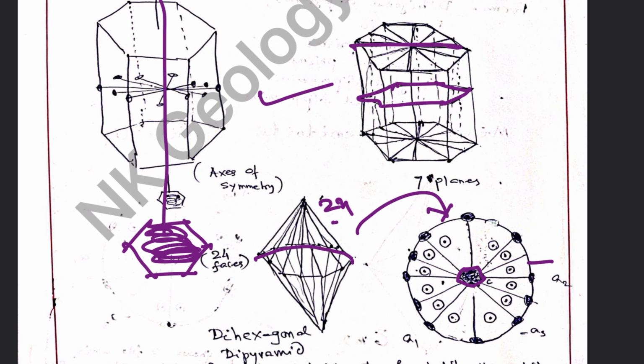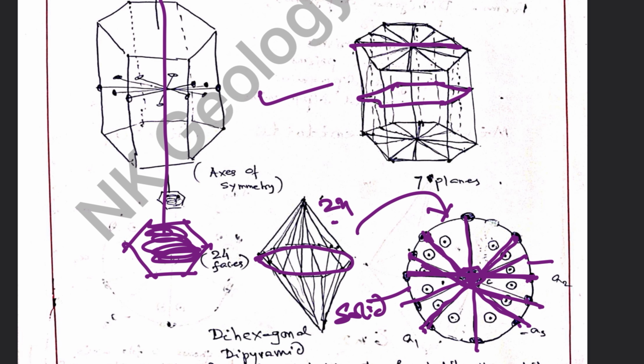As it is possessing a horizontal mirror plane, this plane is solid. And we have the vertical planes along the axes. Originally this is A1, this is A2, this is A3.